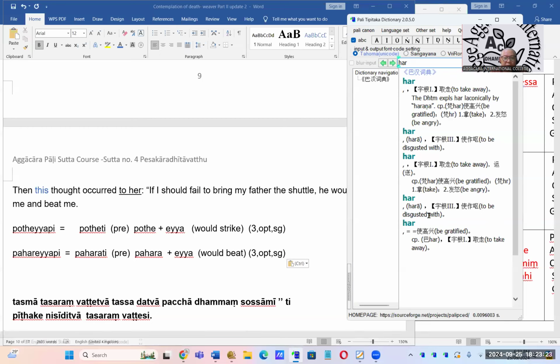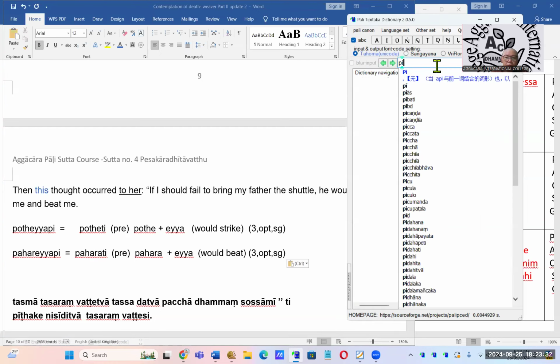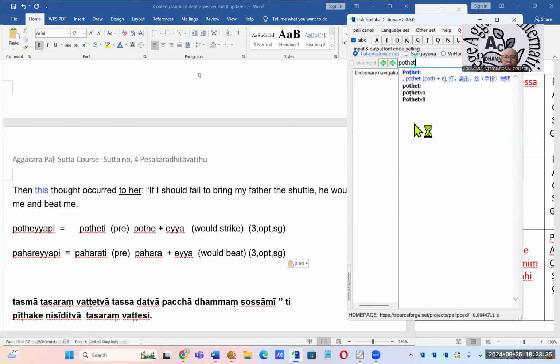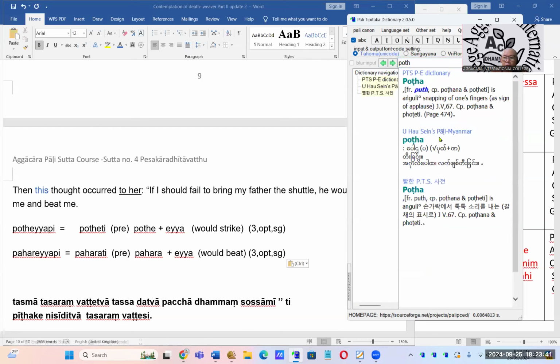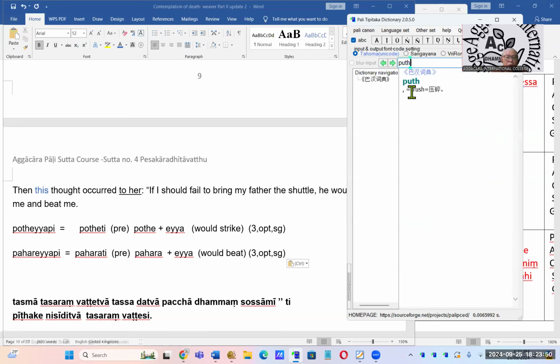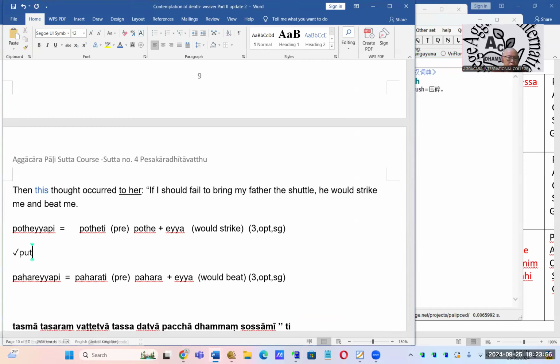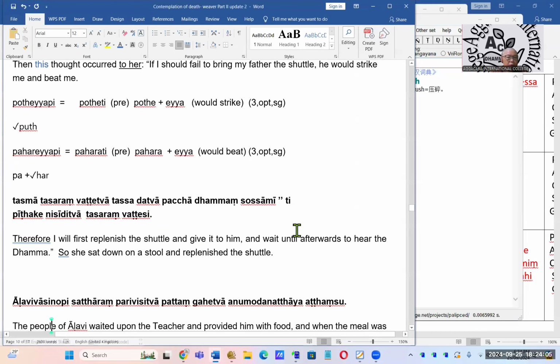Another root meaning is to be disgusted. Maybe we can take this meaning here for this har. Potati, pote. The root is P-U-T-H, to crush. I think this root is okay. So this is pa plus har.